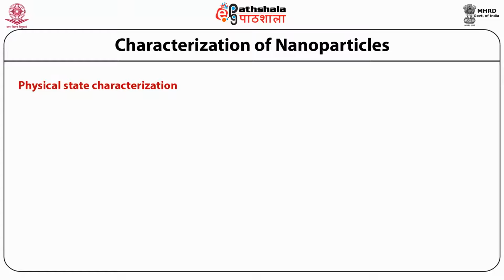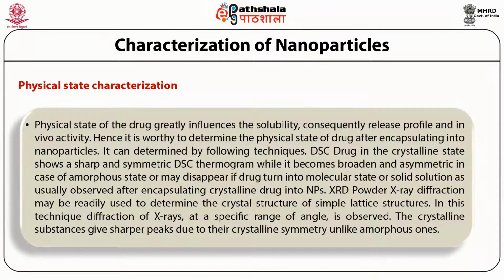Physical state characterization. Physical state of the drug greatly influences the solubility and dissolution profile, and consequently release profile and in vivo activity. Hence, it is worthy to determine the physical state of the drug after encapsulating into nanoparticles. It can be determined by the following techniques. Number 1 is DSC.